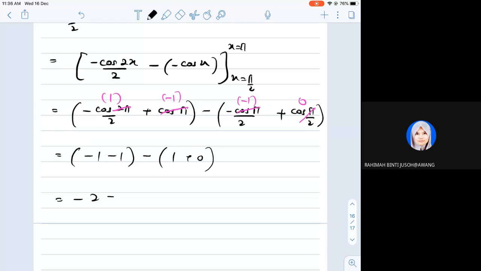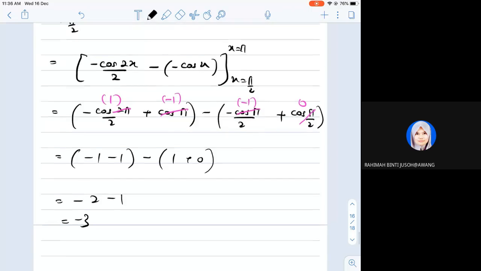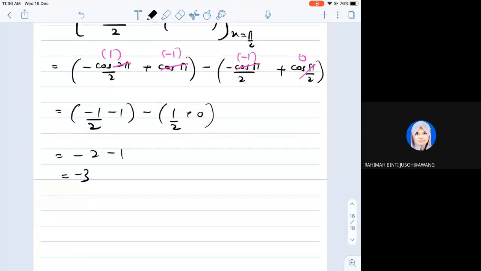So negative 2 minus 1, negative 3. Negative 3. The answer is negative 2? That's not my mistake. Wait. Oh, over 2, I forgot, sorry. This is negative 1 over 2, isn't it? This one is also over 2. Oh, no wonder. Okay.